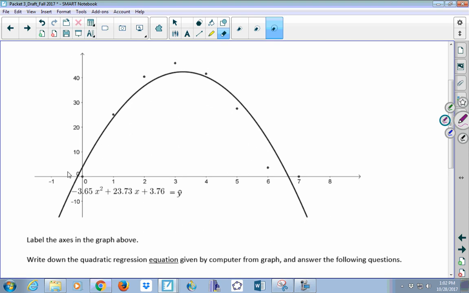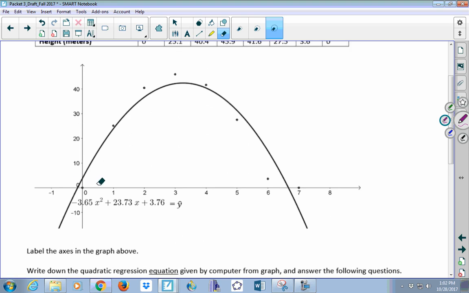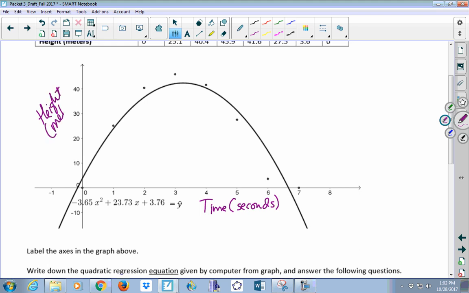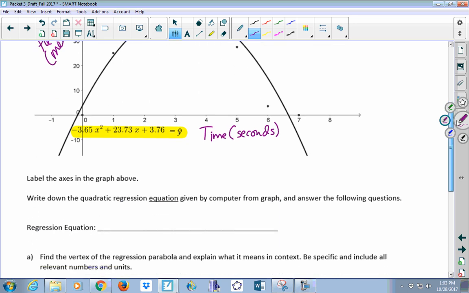So let's label the axes on the graph above. Along the x-axis, we have time in seconds. And along our vertical axis, or our y, we have height in meters. Okay. We can see here we have our regression equation that was given to us from the calculator or from Geogebra.